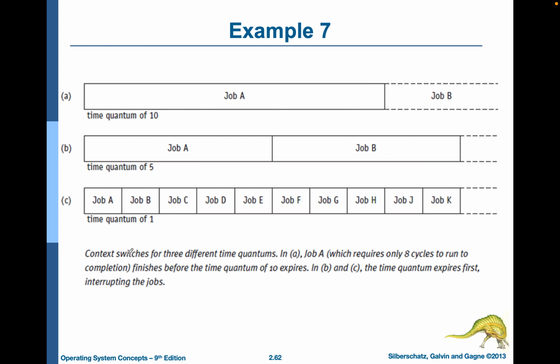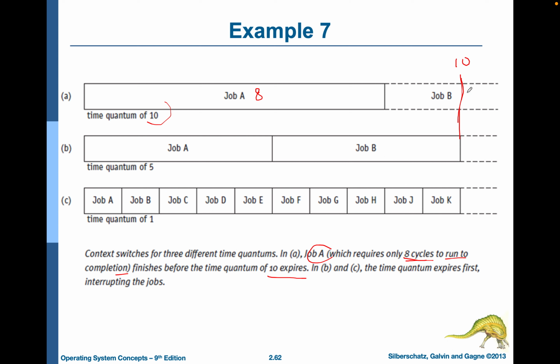If it's 10, you can see context switches of 3 different quanta for job A, which requires only 8 cycles to run to completion. Because the quantum is 10, the job finishes before the time quantum expires at 10. So assume that job A has 8 cycles.